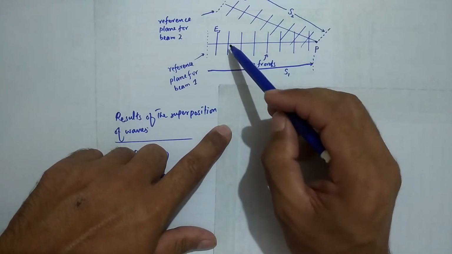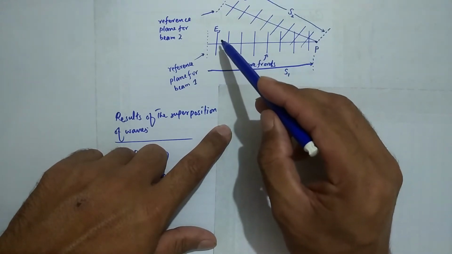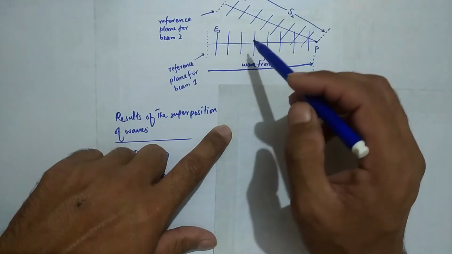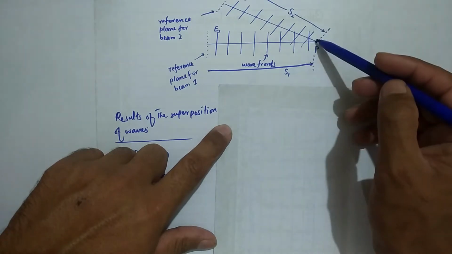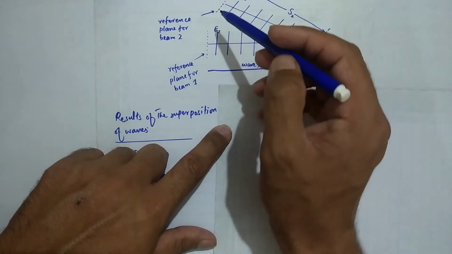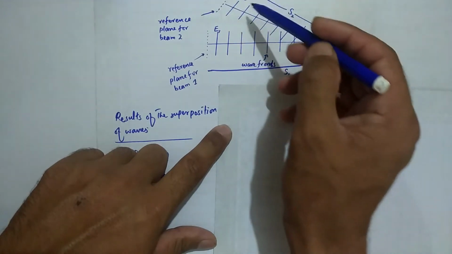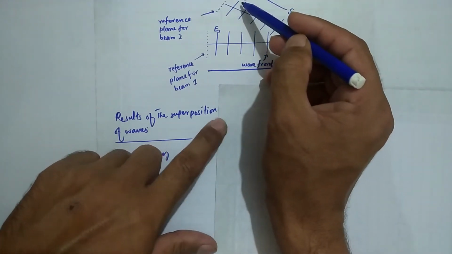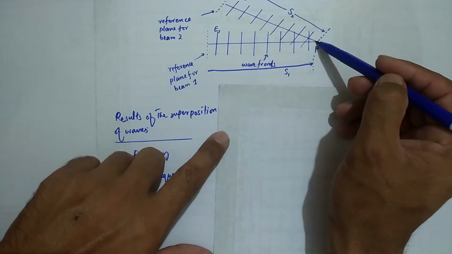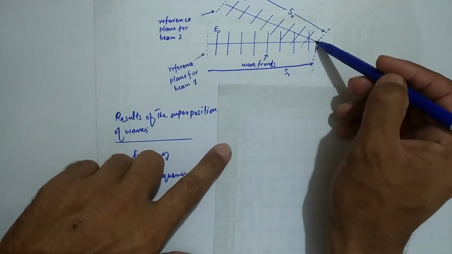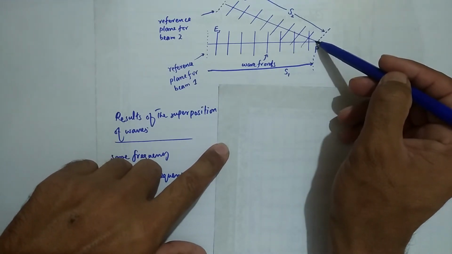Remember, the direction of the wave is always perpendicular to the wavefront, and this wave covers a distance s1 and reaches this point. Similarly, the second wave starts from this reference plane, has amplitude E2 and covers s2. When these two waves arrive at point P, the combined effect will be discussed here.